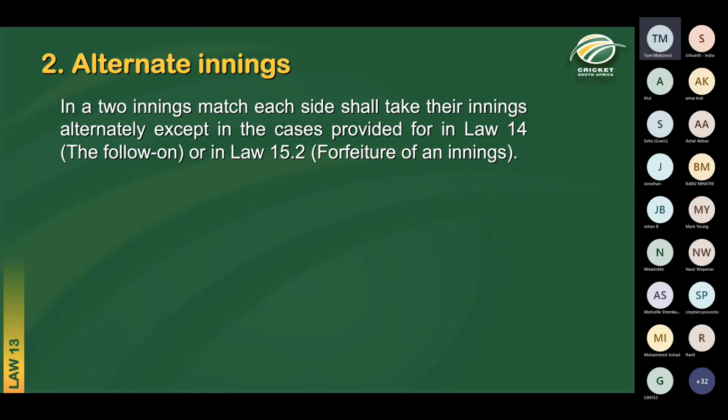Of course, we have exceptions, and the most common one is the follow-on, which I will go through in Law 14. And we also have a very uncommon example of a match that involved a forfeiture of an innings, and that we will deal with in Law 15.